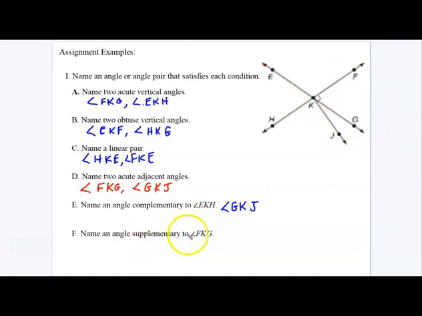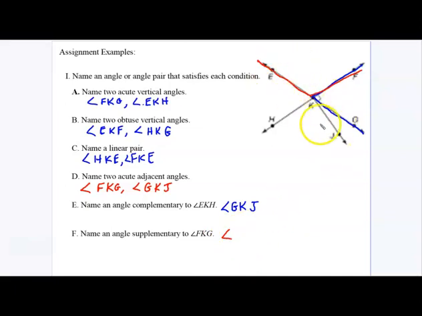Name an angle that is supplementary to FKG. Well, we have choices here actually. We could go with EKF because together those would represent the sum of 180 degrees.